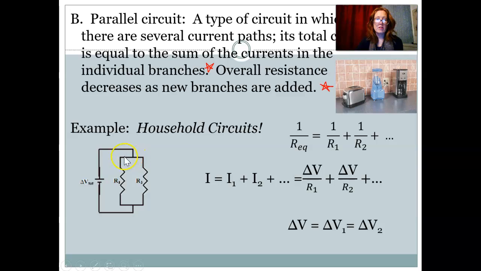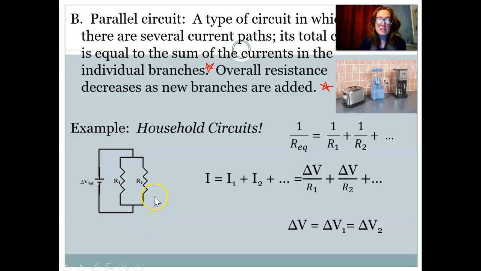This is super clear that with these two, you've got an option. If you're an electron right here, actually you'd be coming from this side, then you can go path number 1 or path number 2. You cannot go both ways. Okay, and what's interesting about this one is that overall, the resistance goes down the more stuff you turn on.